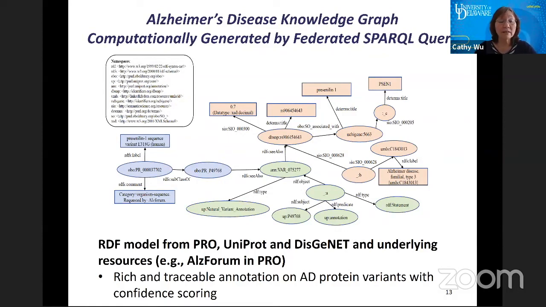Together, this provides rich and traceable annotation on Alzheimer's disease protein variants, along with confidence scoring. For this, the information from the underlying sources also gets leveraged, such as iProClass, that provides a lot of very rich annotation about Alzheimer's proteins in protein ontology.